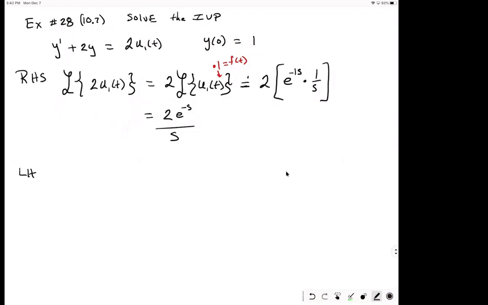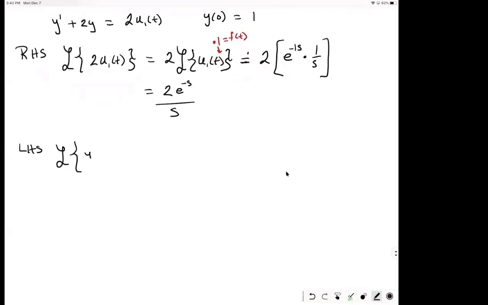So that's my right-hand side. Then my left-hand side is what we had from before, from last week. I take the Laplace transform of y first derivative plus 2y. The first part is capital S times capital Y of S, minus S to the 0, which is just 1, so I'm not going to write it, and then y of 0.